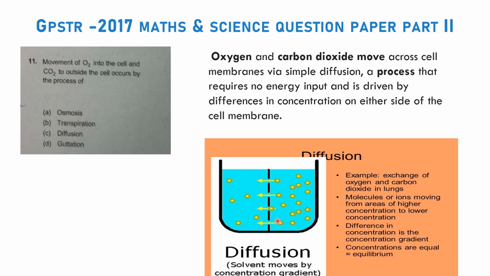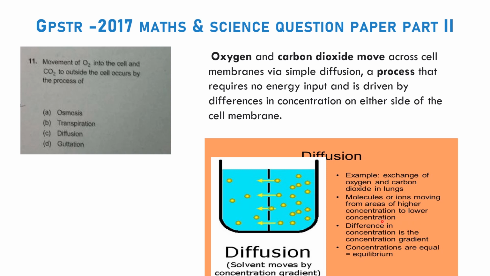You can't observe diffusion in solids, because in a solid there is no movement of ions. For example, exchange of oxygen and carbon dioxide in the lungs is one of the best examples of diffusion. Molecules or ions move from an area of higher concentration to a lower concentration.